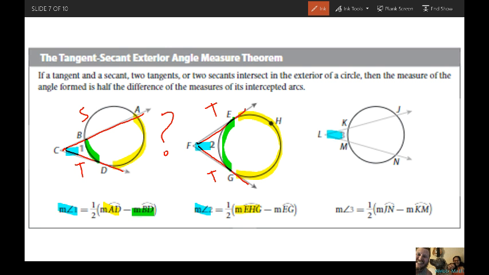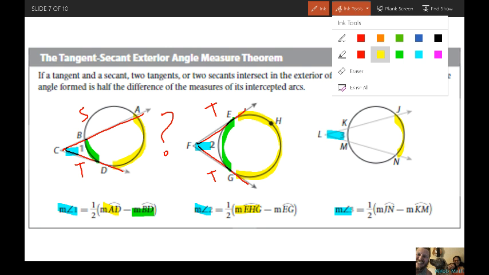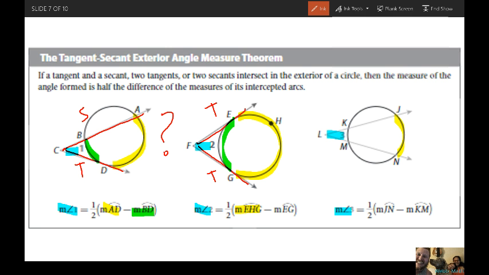All right, so let's go with this one. We have two secants. So your angle 3 equals half of, oh, look at that, your big arc minus your smaller arc. Wasn't that the same thing as the other ones?